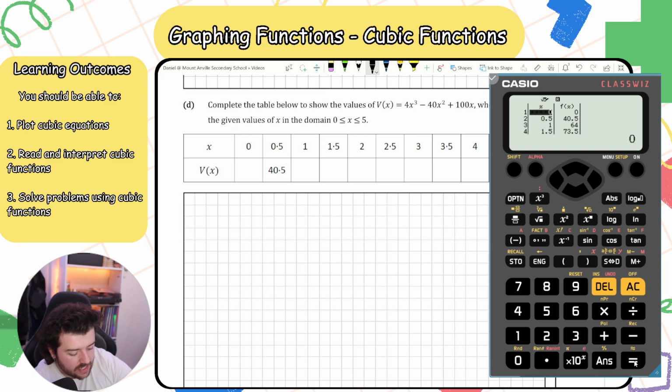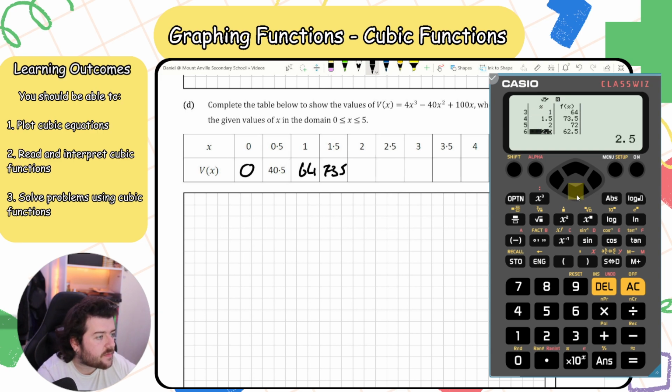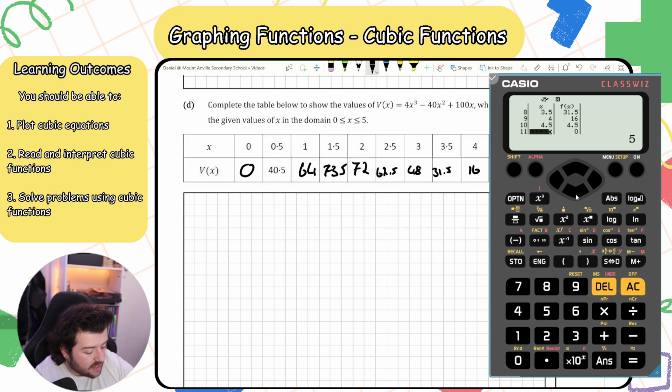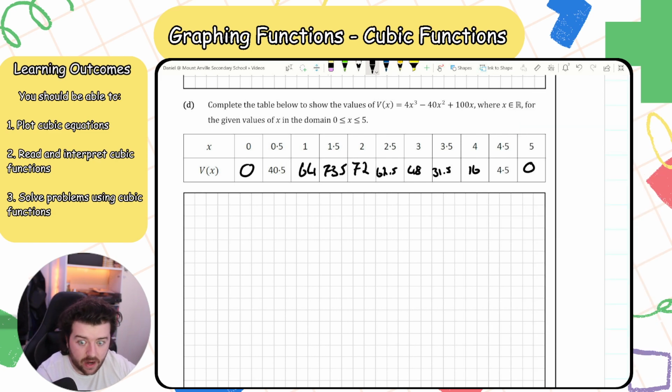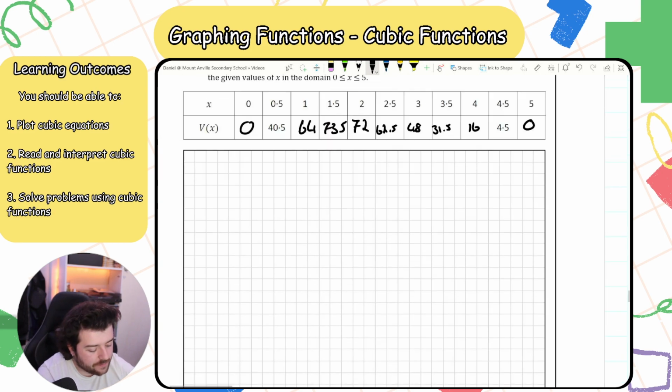And there we go. 0, 0. 0.5, 40.5. 1, 64. 1.5, 73.5. 2, 72. 2.5, 62.5. 3, 48. 3.5, 31.5. 4, 16. 4.5, 4.5. 5, 0. But like, come on, that's easy marks. Right, let's look at the next one here.